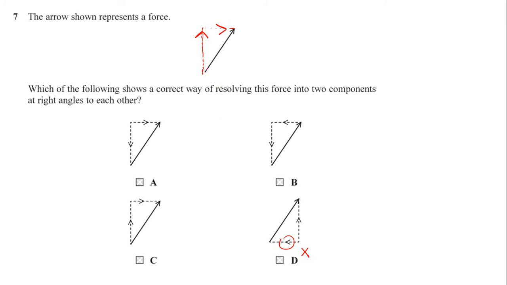Now the vertical arrow should be upward, and the horizontal arrow should be rightward for the components. And of course, you will immediately find C is the correct direction of the components: vertical arrow upward, horizontal arrow downward. While in A, the vertical arrow is in the wrong direction, and of course in B, both arrows have the wrong direction. So the option is C.